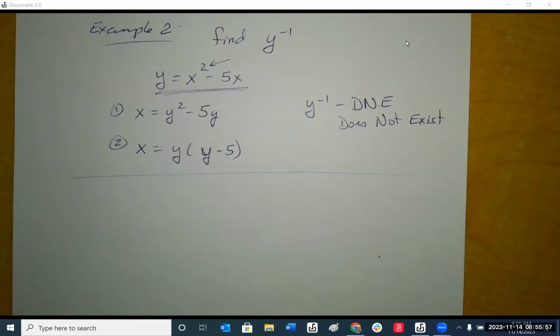So the horizontal line test. We know the vertical line test tests if it's a function. The horizontal line test sees if there's an inverse.